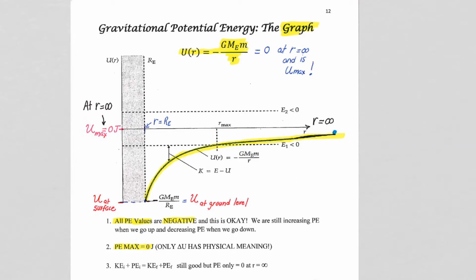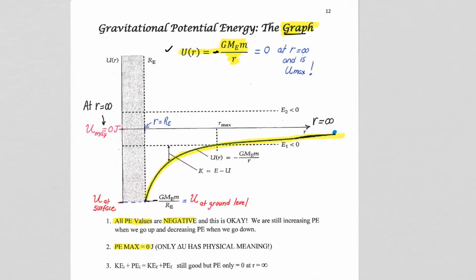We're now going to look at our new potential energy function, negative G, mass of Earth, mass of the other object in the problem, divided by little r, both as a mathematical expression in the equation and the graphical representation of it.